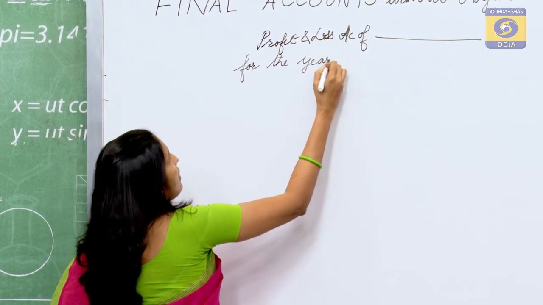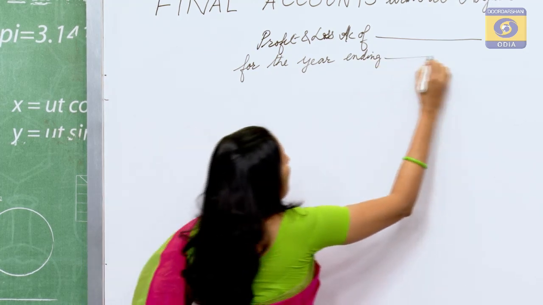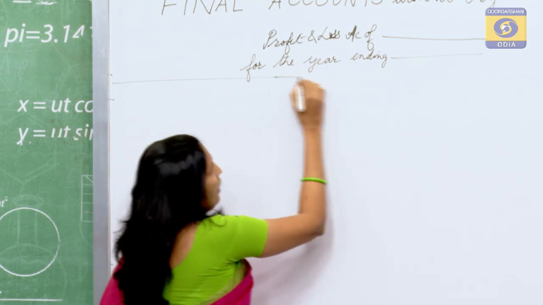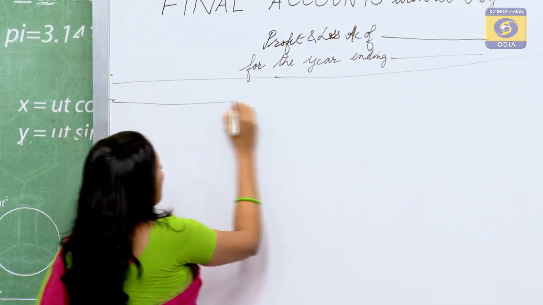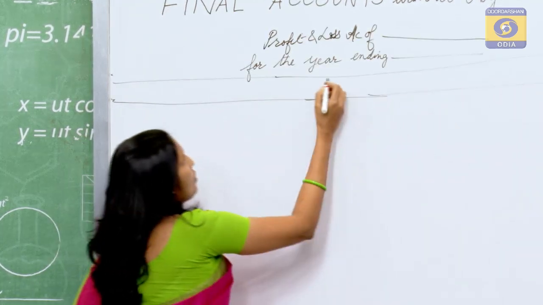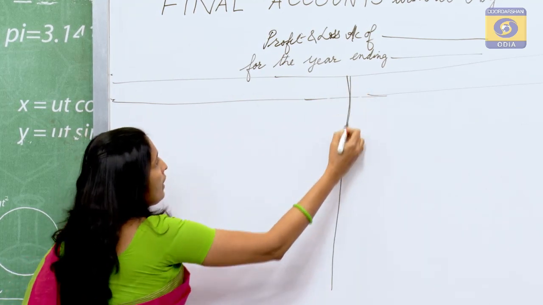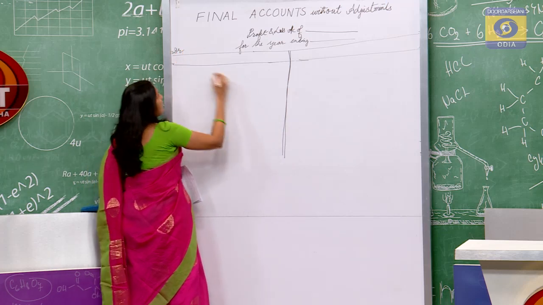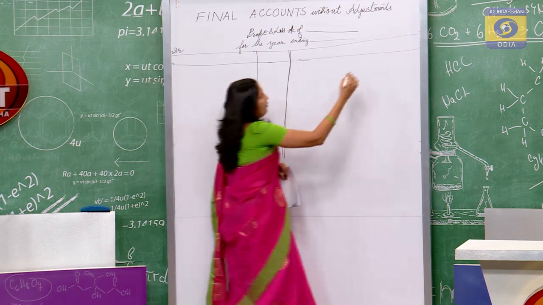The pattern is the same as in the case of the trading account, for the year ended, whatever date is given to you. Then we chalk out the format, that is the lines for the particulars column and the amount column. It is also in the shape of an account, so we will have a debit side and a credit side. All the expenses and losses go to the debit side and all the incomes and gains go to the credit side.